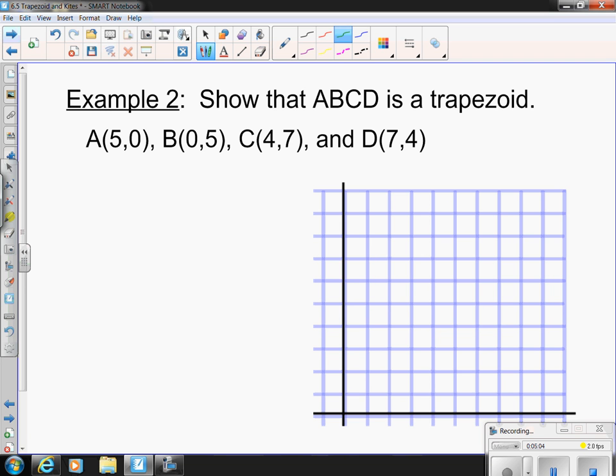Now we're going to show in a coordinate proof that quadrilateral ABCD is a trapezoid. So I'm going to plot the points. A is (5, 0), B is (0, 5), C is (4, 7), and D is (7, 4).